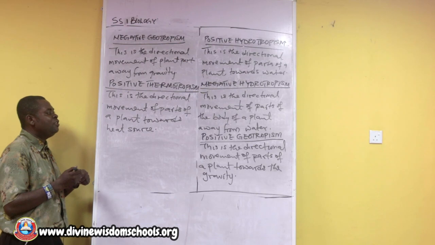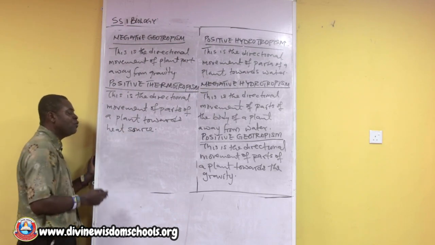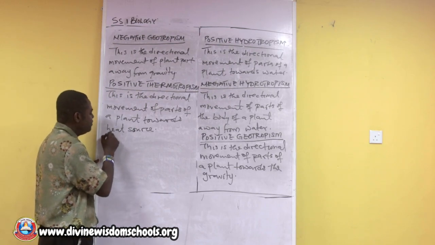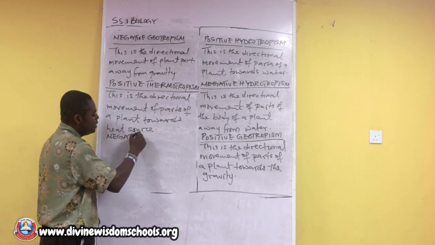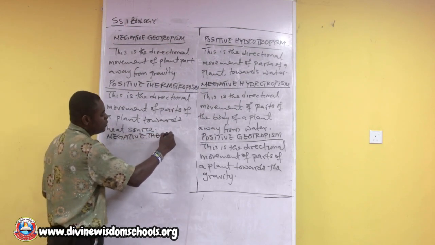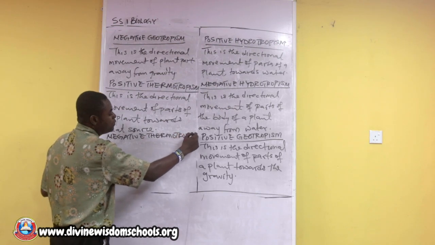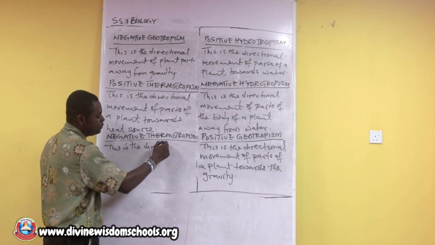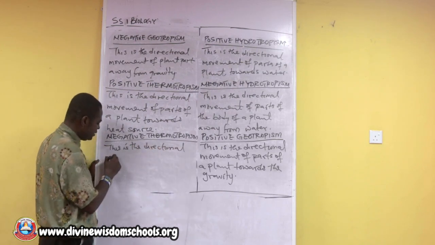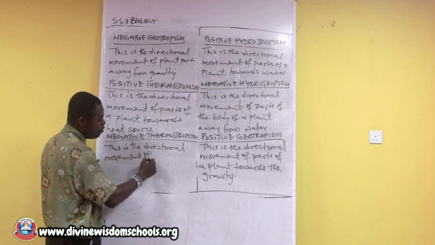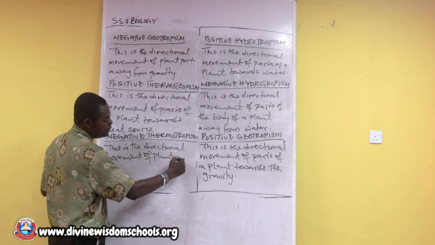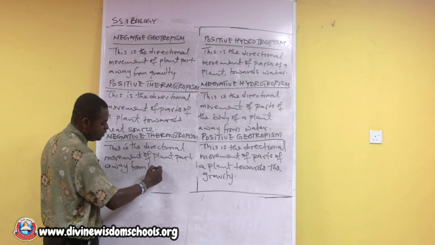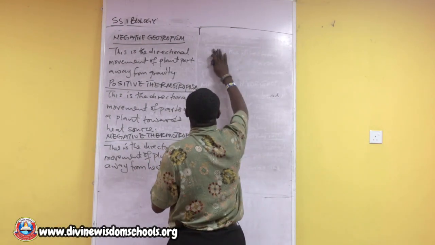So, if certain part of an organism is moving towards the source of heat, it's exhibiting positive thermotropism. Then we have the negative thermotropism. This one is the directional movement of plant parts away from heat source.